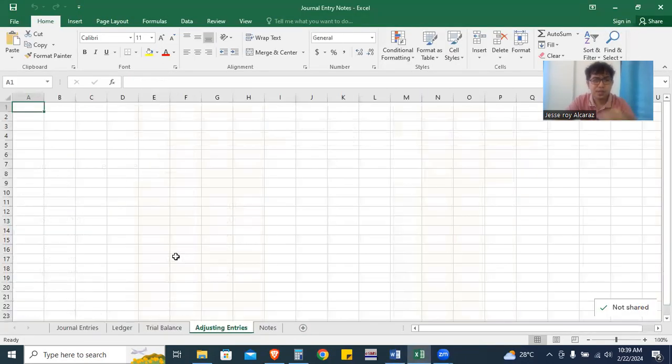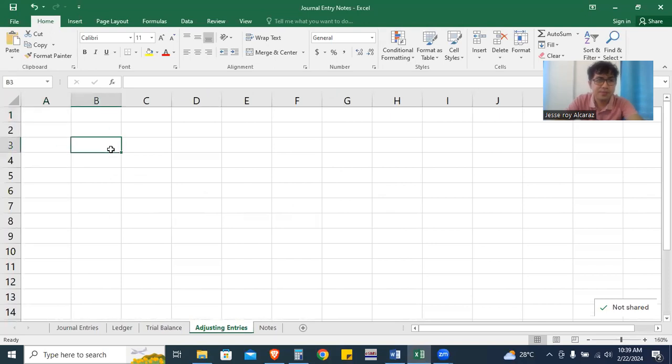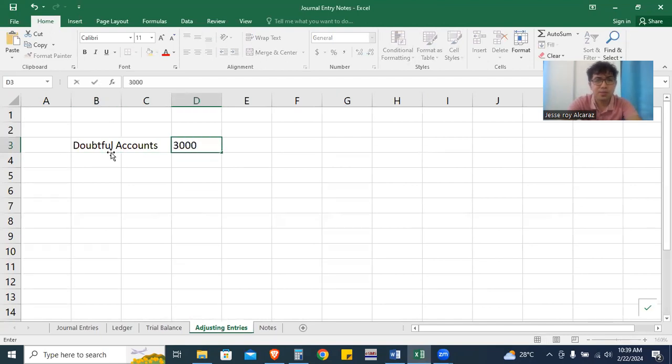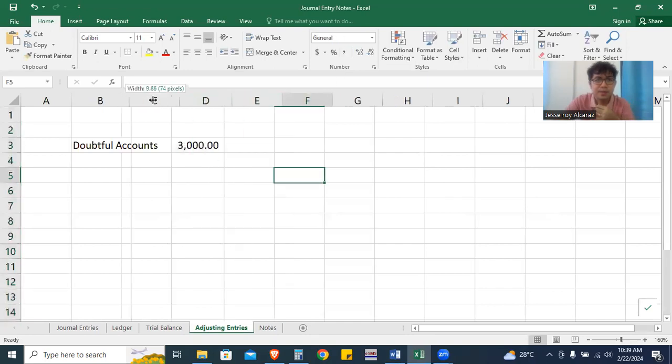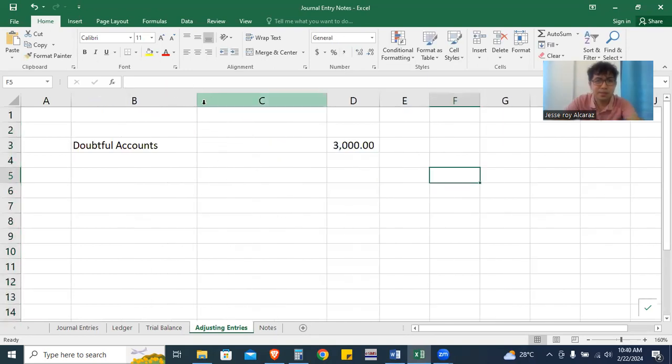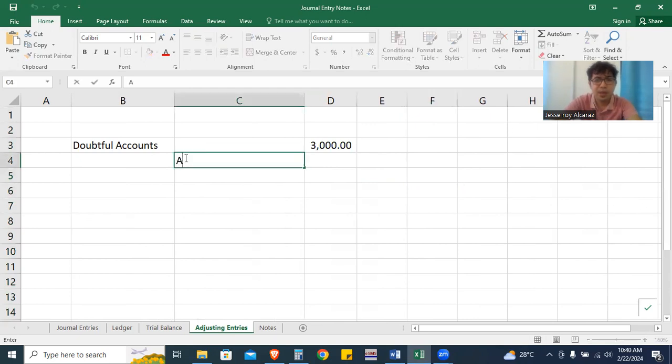So, for the adjusting entry, we'll have bad debts expense, or I normally use doubtful accounts. Doubtful accounts. So we have 3,000 pesos. And then for our credit, we have allowance for doubtful accounts.